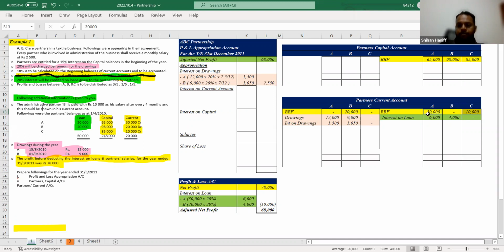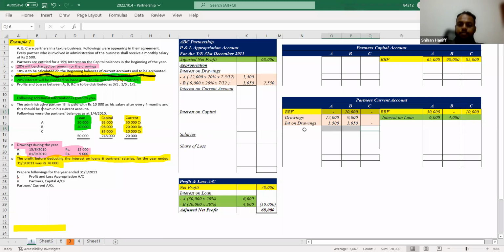Now, if a partner is having a credit balance, the business will give them interest, right? So if they have credit, interest also credit. If a partner is having a debit balance, then the partnership will charge interest because it's like a loan.